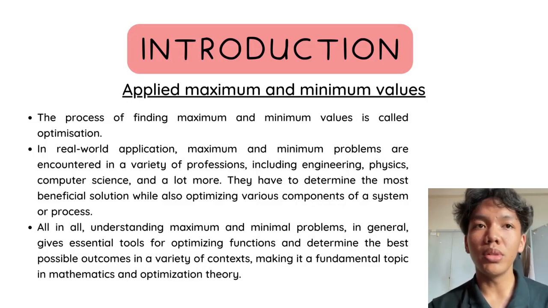They have to determine the most beneficial solution while also optimizing various components of a system or a process. All in all, understanding maximum and minimum problems gives essential tools for optimizing functions and determining the best possible outcome in a variety of contexts, making it a fundamental topic in mathematics and optimization theory.